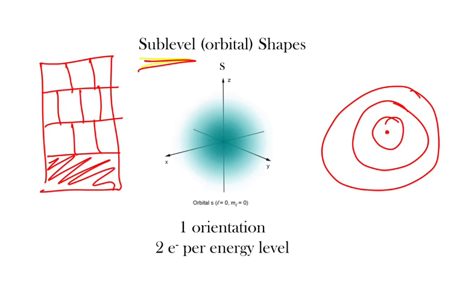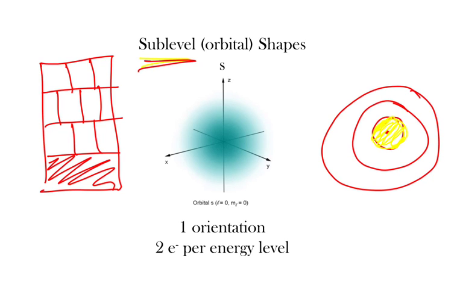The first energy level of the atom, the very first ring here, only has one type of orbital or sublevel, in other words, place where we're most likely to find the electrons. Because the first energy level is so small, this is all that there's room for. And the shape of that sublevel or orbital is a sphere.